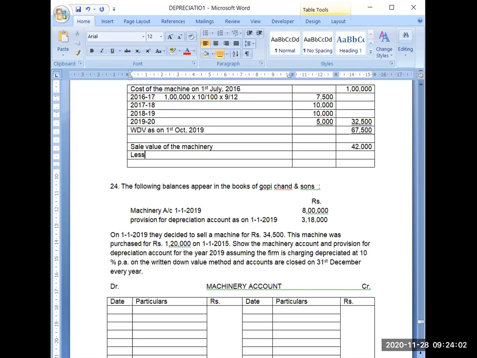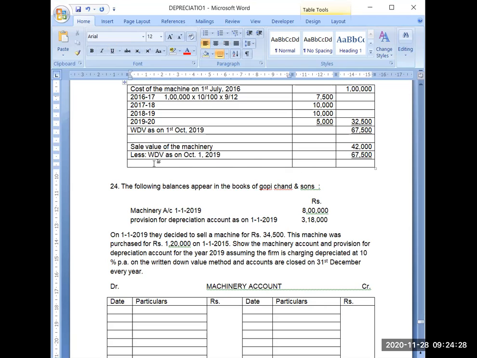42,000 less WDV as on October 1, 2019, 67,500. So we have sold out an asset of 67,500 for rupees 42,000.